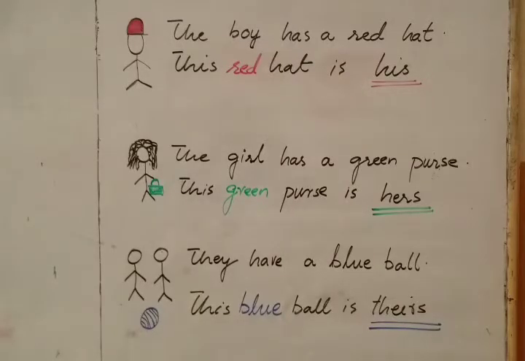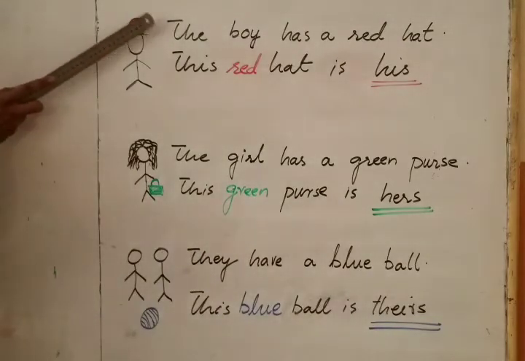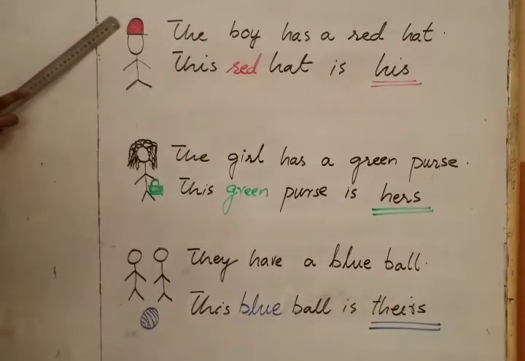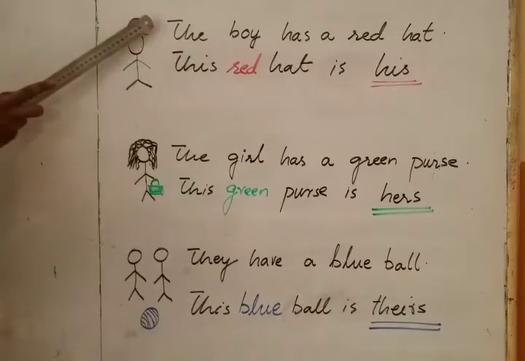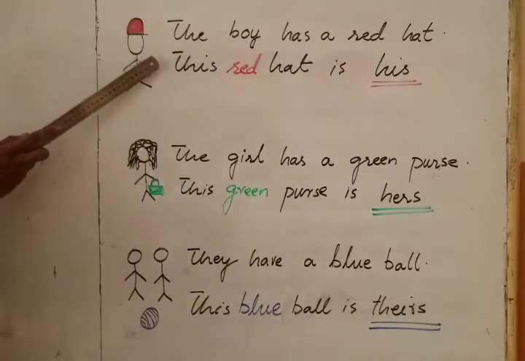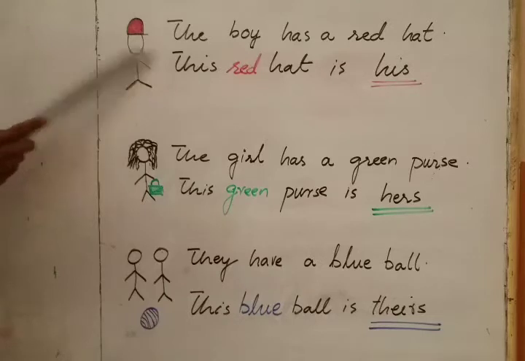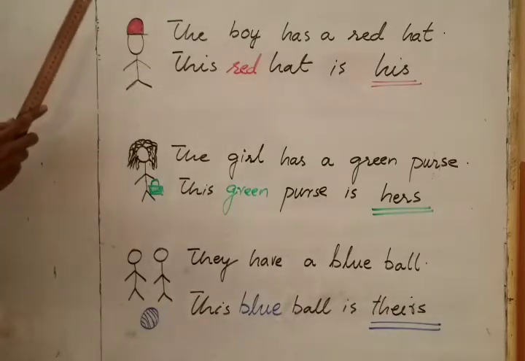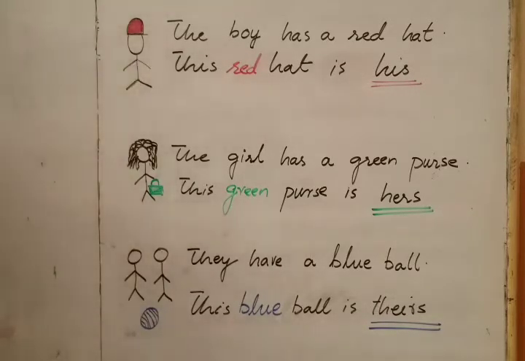Now look at these examples. The boy has a red hat. How can we write this sentence by using a possessive pronoun? This red hat is his. The next we have the girl has a green purse.